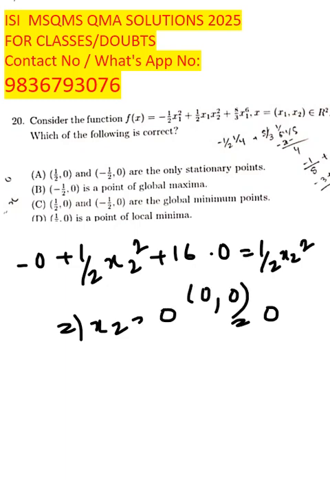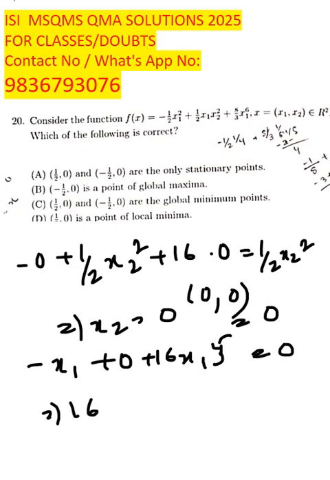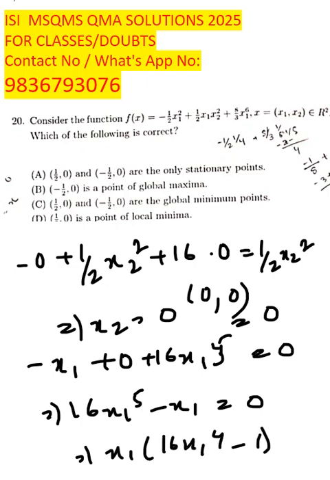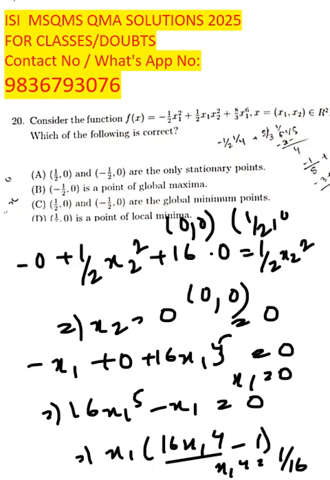Next, x2 equal to 0: -x1 + 16 x1⁵ equal to 0, or x1(16 x1⁴ - 1) = 0. So x1 is equal to 0, or 16 x1⁴ is equal to 1, so x1⁴ is 1/16. So stationary points are 0 comma 0, 1/2 comma 0, and -1/2 comma 0.